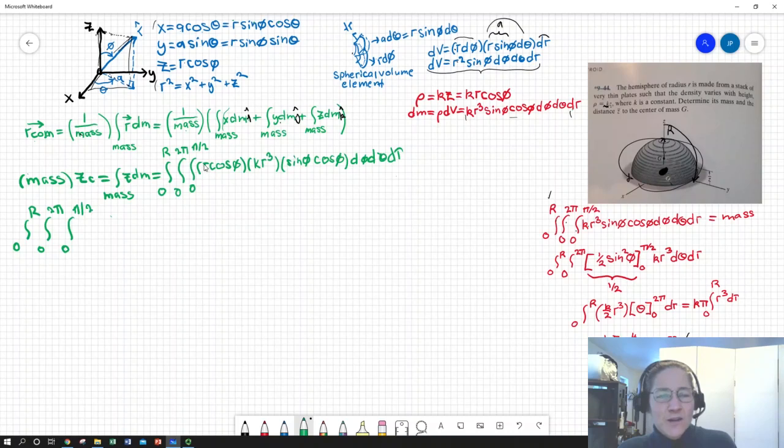So I'm going to collect all the r terms and the k together, so I can see I have a k r cubed coming from my dm, my differential mass, and then I picked up another r as part of my z expression with my z dm, part of my center of mass definition. So I'm going to have r to the fourth times k.